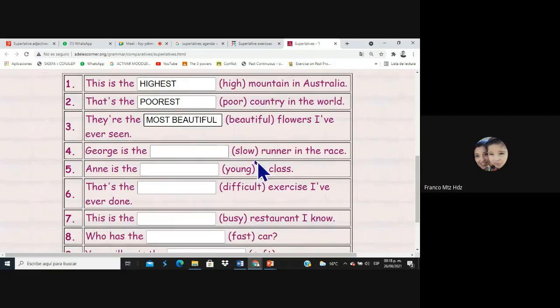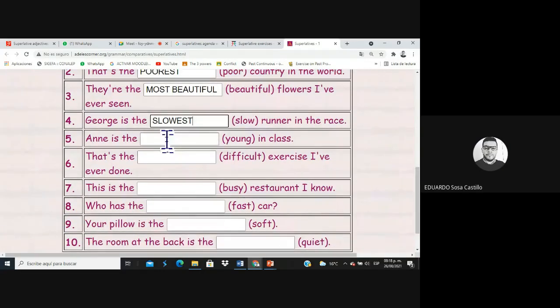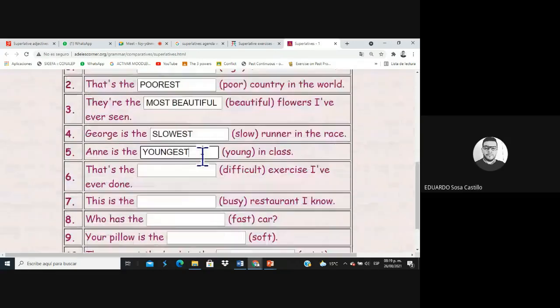George is the slowest runner in the race. One more and you finish. Annie is the youngest in class. Okay, very nice. Thank you. Jesus, come on, it's your turn.